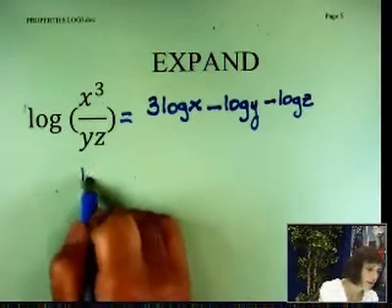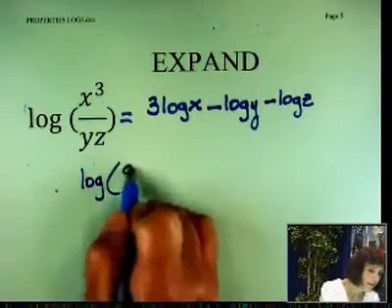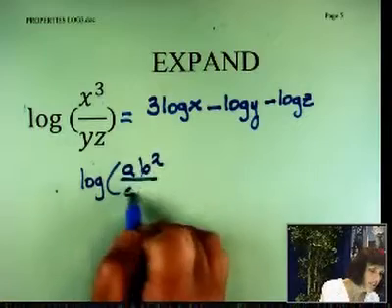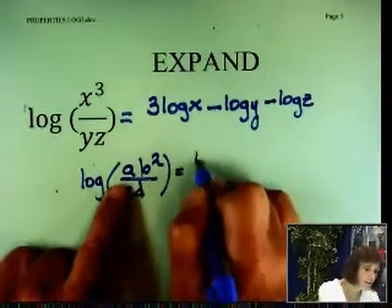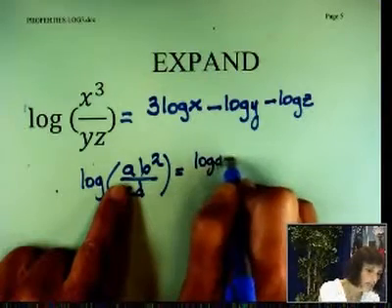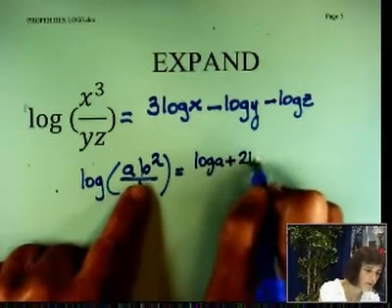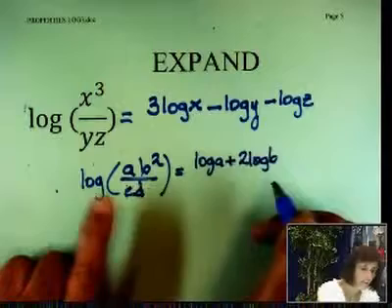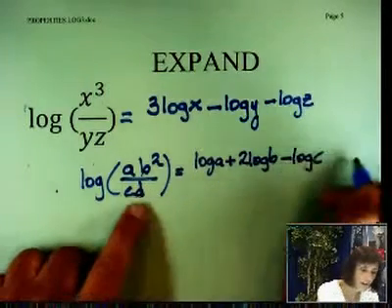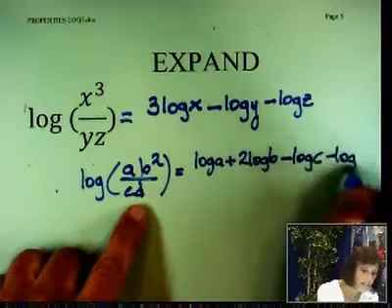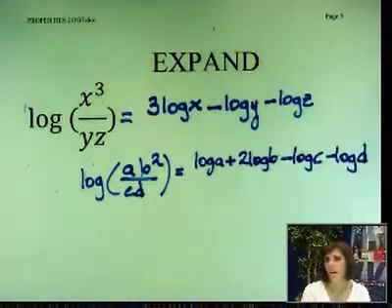Let's say like log of a b squared over c d. Okay? Here it is. Log a plus, because it's in the numerator, 2 log b. These are in the denominator, minus log c, and minus log d. All right?